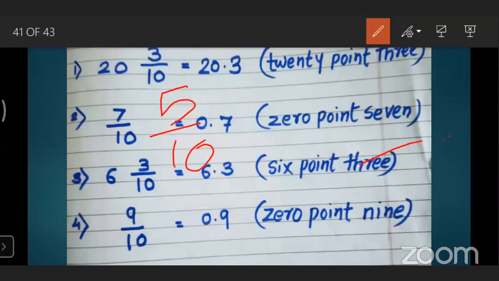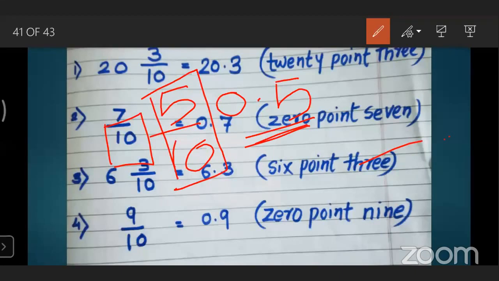Here no whole number, so we put 0 and a decimal point. Now 5 upon 10 is at the first place. So write down 5. 0.5, right? 0.5 is the answer. Let's solve one more example.